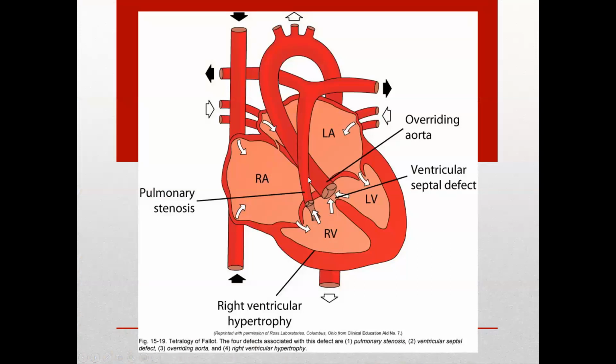If you can't get blood to the lungs here, how about getting blood to the lungs here? And now it doesn't show the ductus again. So we can't get blood to go to the lungs. Now we can get blood from the aorta to flow to the lungs.